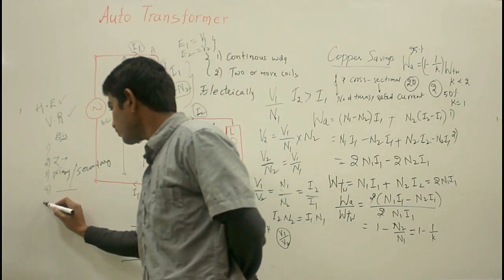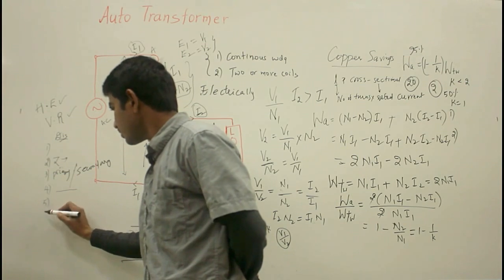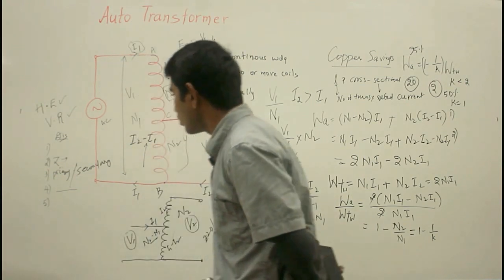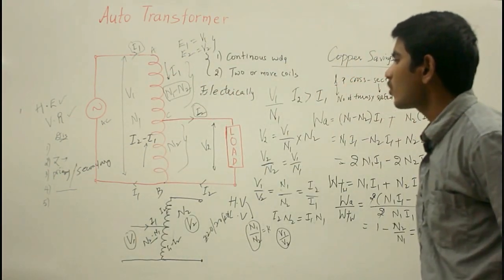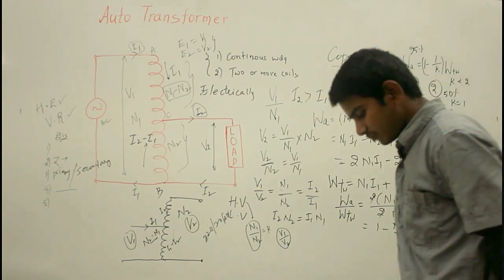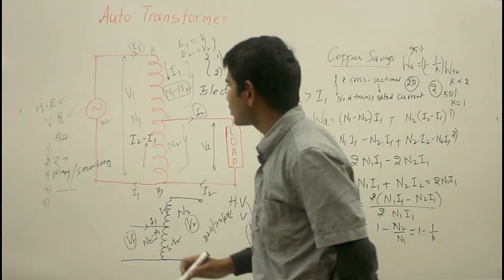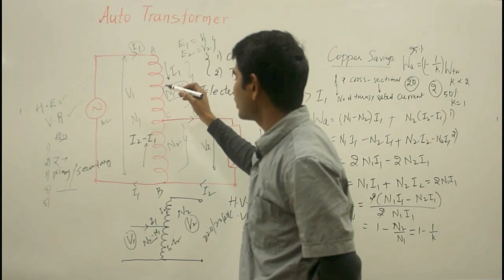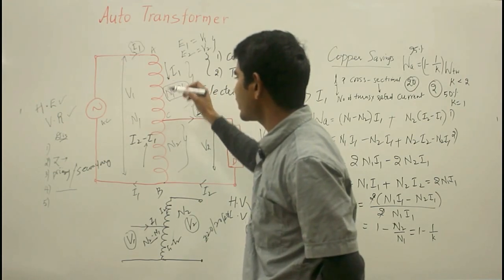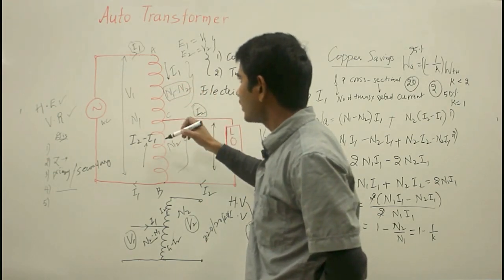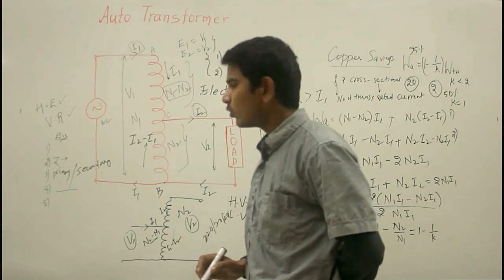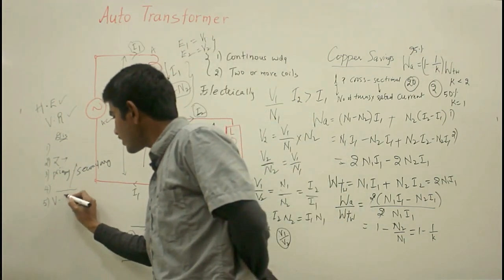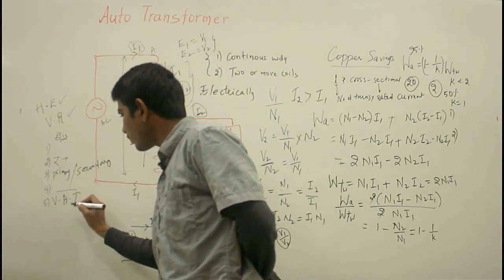Now coming to the fifth disadvantage of your autotransformer. It becomes difficult to maintain the electromagnetic balance of the winding in the autotransformer when voltage adjustment tappings are provided.